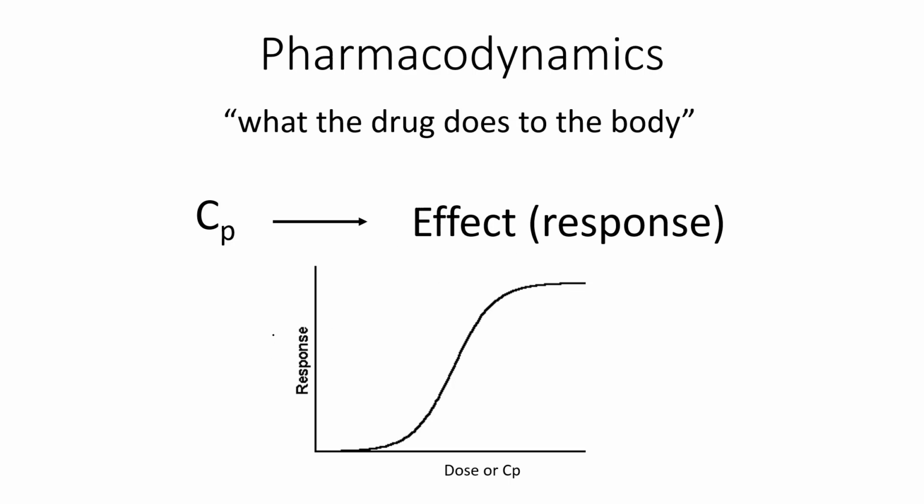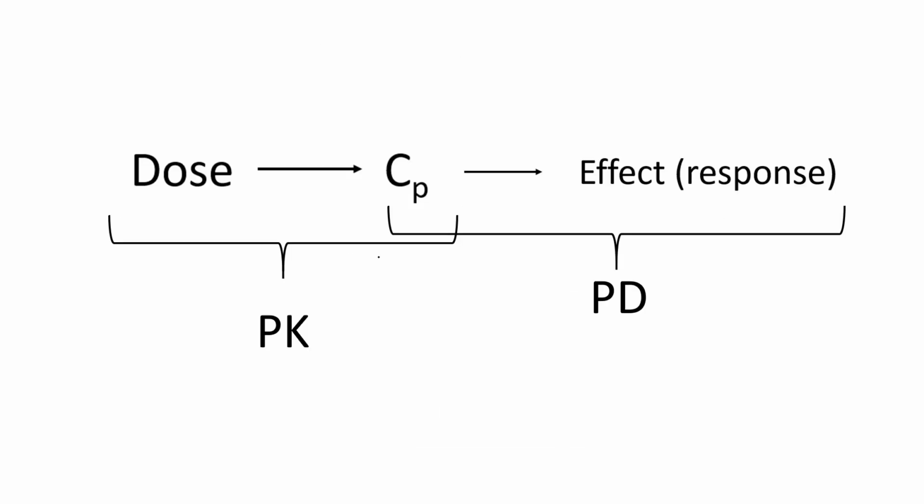Dose response. So if we look at graphs that look at dose or plasma concentration and response or effect, those graphs are pharmacodynamics graphs. So pharmacokinetics, or PK, goes from dose to some sort of plasma concentration, and pharmacodynamics goes from plasma concentration to some effect.